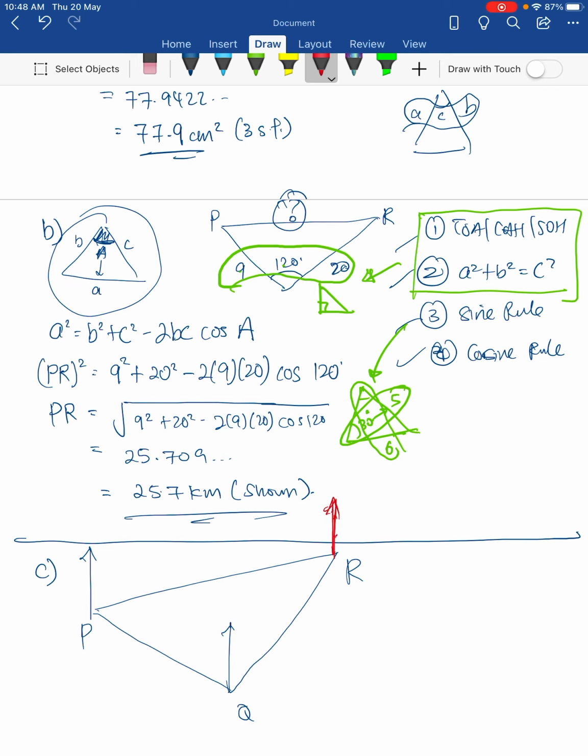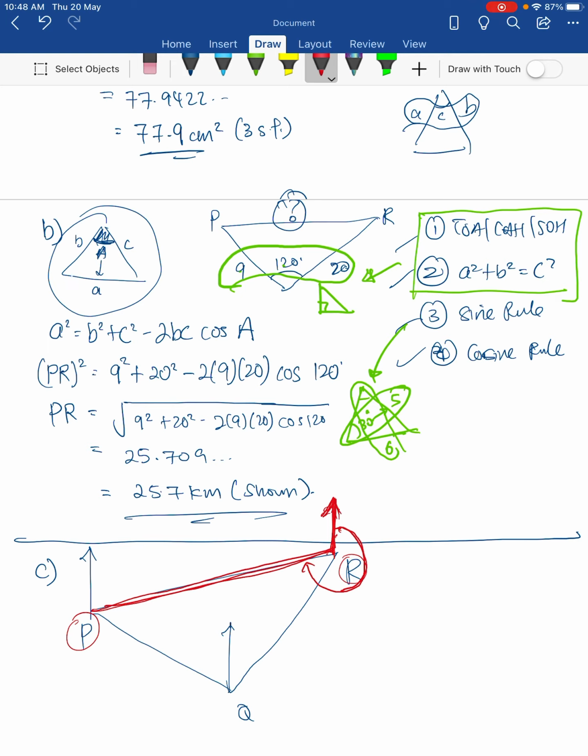From R means we start from R, clockwise direction all the way until it touches the line PR, because this is the P and R is the one that is indicated. So this is the line that we need to look at. So draw the north line at R, because it's from R, clockwise direction towards here, and this is the bearing we are supposed to find.